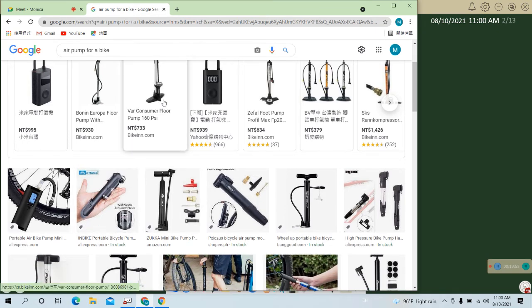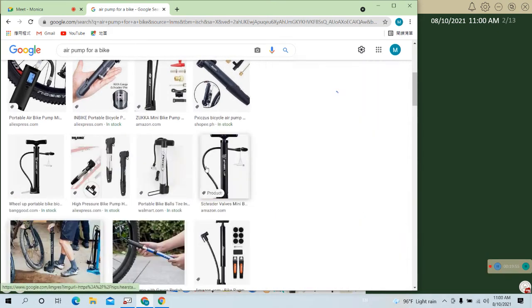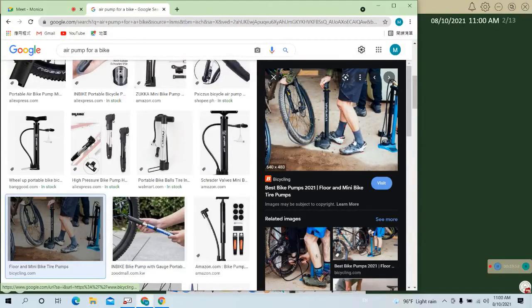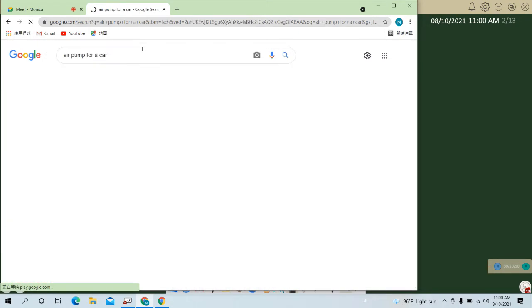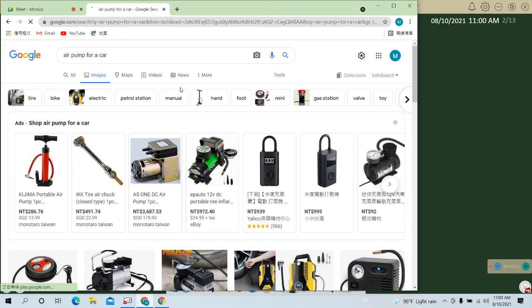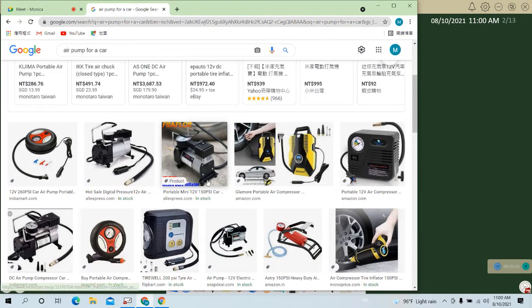Like this. Usually it's like this. Have you seen this before? Yes? Okay. Let's say we need to find an air pump for a car tire, not a car itself, but a car tire.